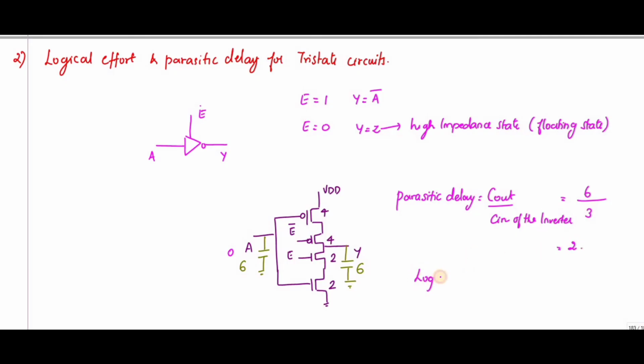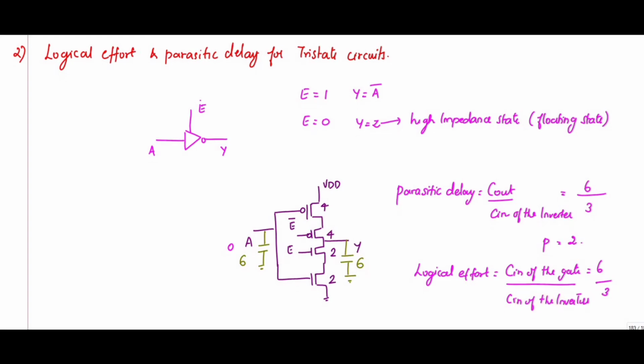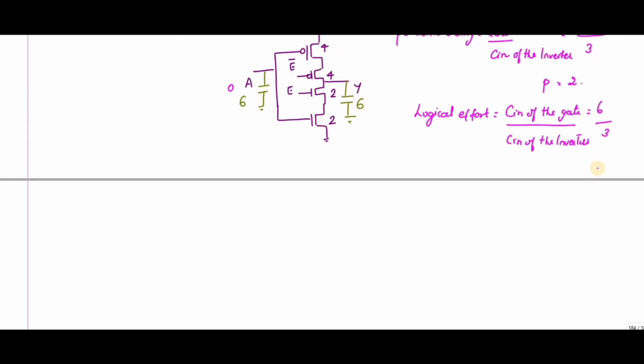If I want to find the logical effort, it is C in of the gate, that is 6, divided by C in of the inverter, which is 3. So the answer is 2.